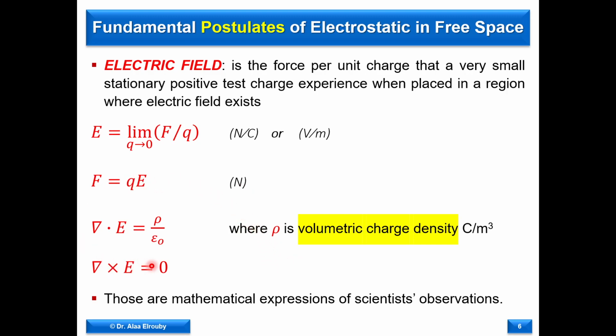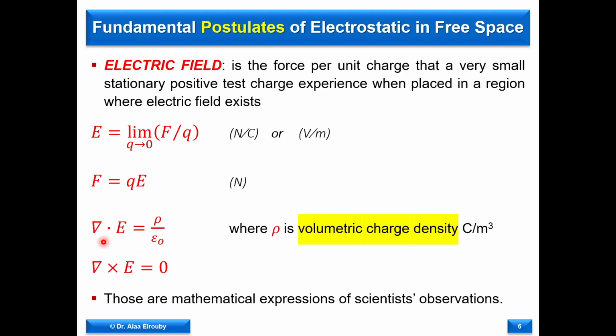Then we have this law, also a postulate. It is coming from observation, and we're going to talk about it in detail very soon. It states that the divergence of E equals rho divided by epsilon naught.